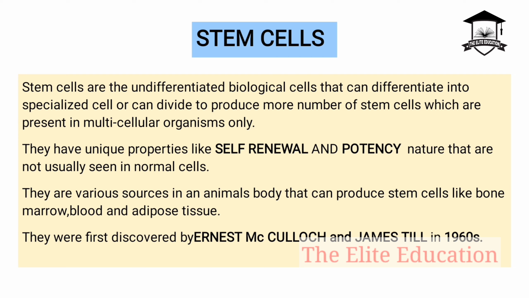These two scientists discovered the hemopoietic stem cells, and it should be at the University of Chicago, I guess. So just write the names of the scientists and the year, and that they discovered hemopoietic stem cells.